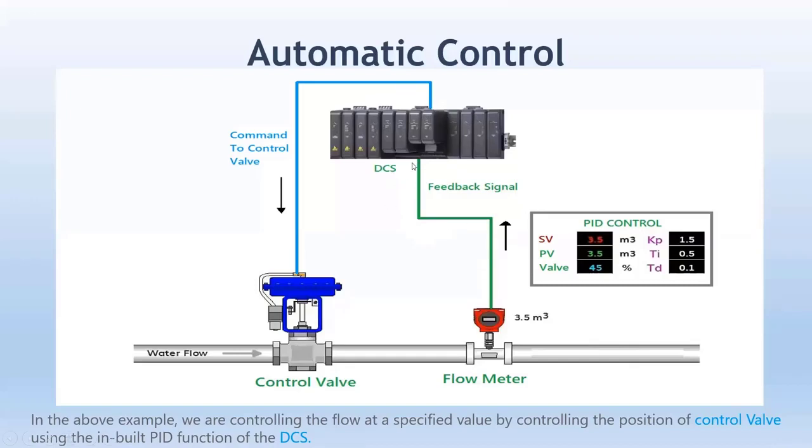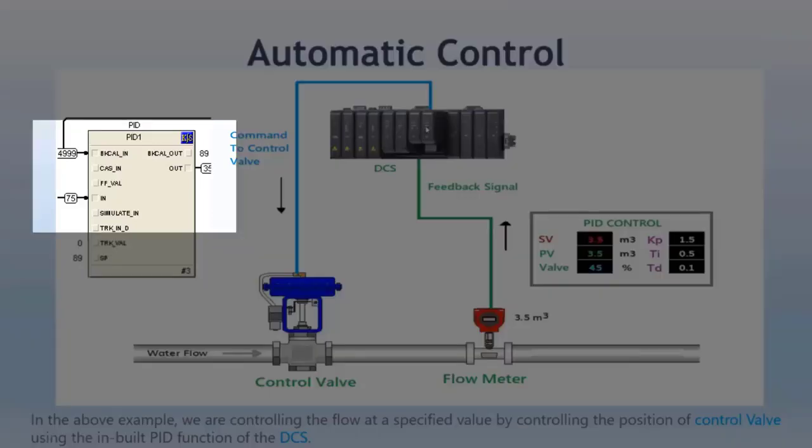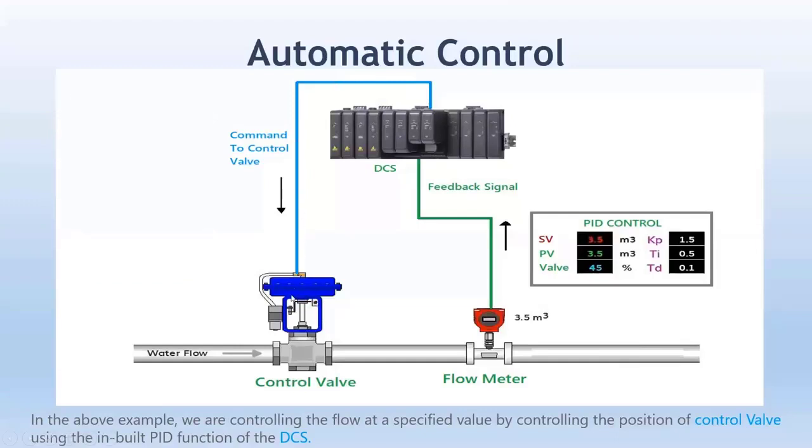DCS system. And then that has an analog output module also. Based on the decision, that control output, or OP value, would be sent from the PID loop inside the DCS. The output of the PID loop would be sent to the analog output module, and that would be connected to the control valve.